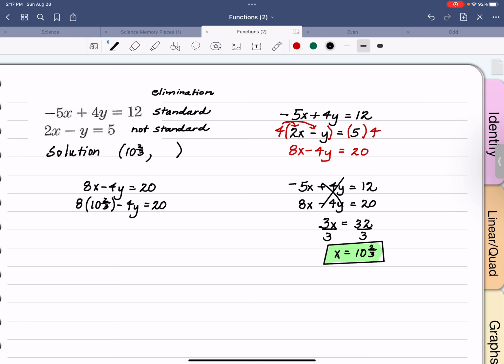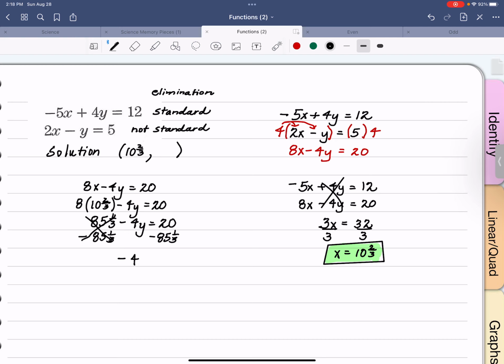Now remember, they didn't tell me to solve these. That's why the fraction is so weird. But 10 2/3 times 8 is 85 1/3. The Casio will do it for you. So then I'll move the 85 1/3 and cancel it here.